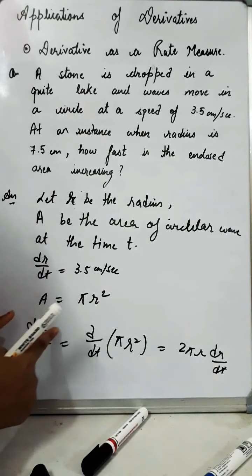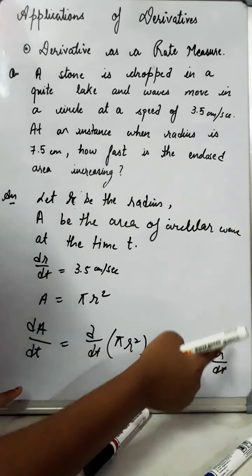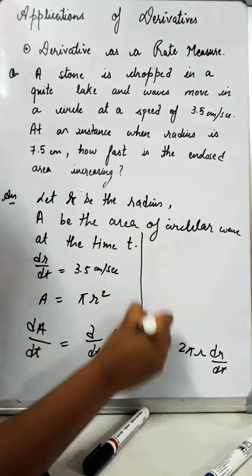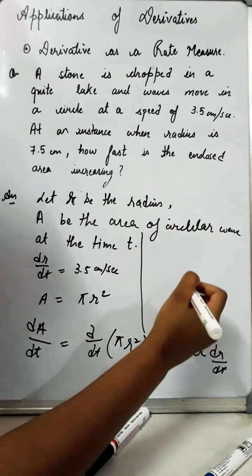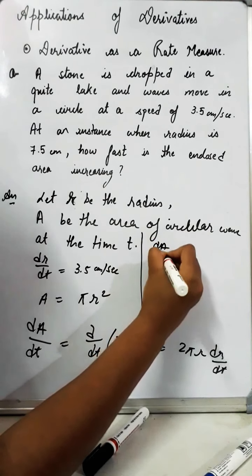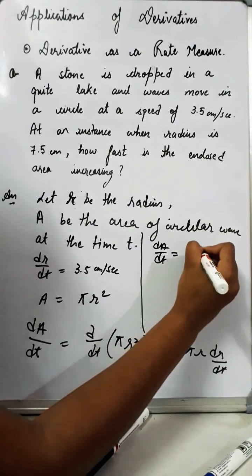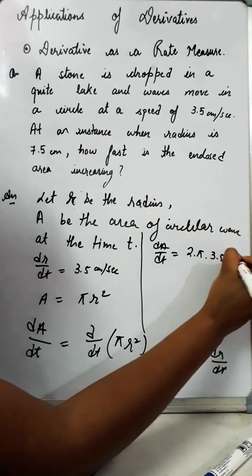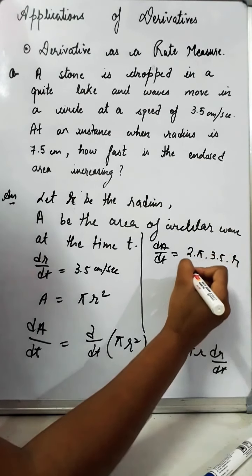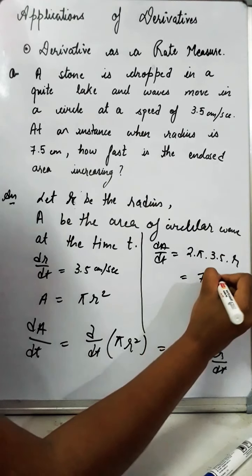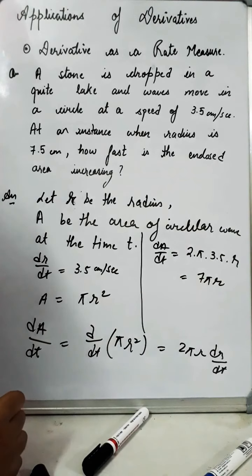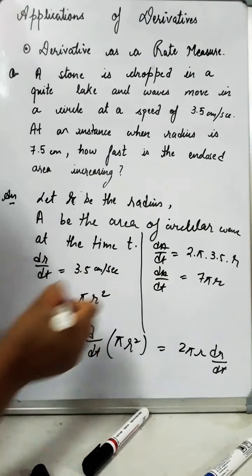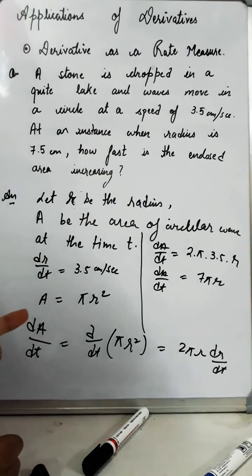So your dA by dt becomes 2 pi r dr by dt. And the value of dr by dt is already given here. So your dA by dt becomes 2 pi into 3.5 into r. How much is that? 7 pi r, right?